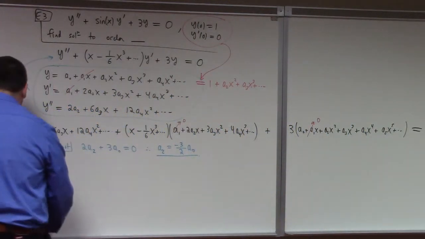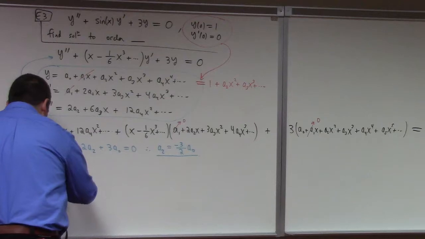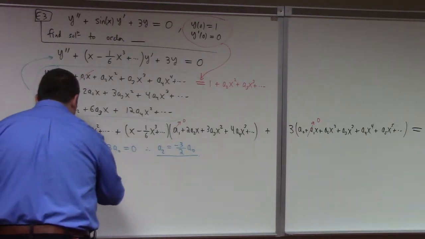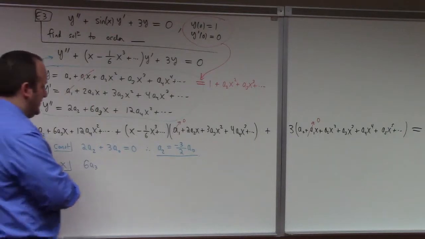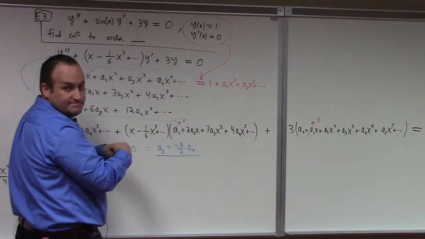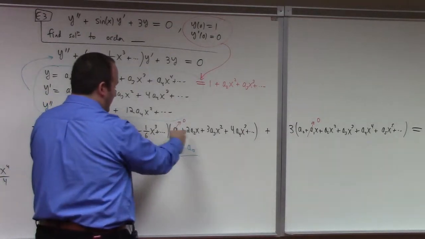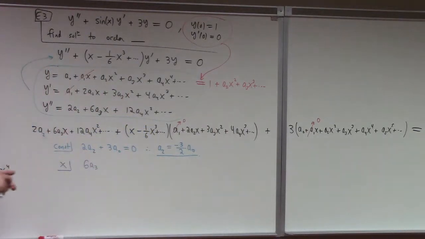Okay. Next, x's. So coefficient of x, what do we got? We've got 6a3. And see, I would have thought I had something here, but I don't, because a1's 0. Right? And that's the only way you can get x from this product, because x cubed times stuff is order x cubed or larger.